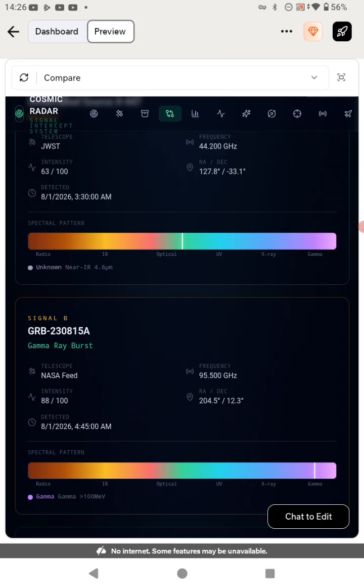So now the GRB 230815A gamma ray burst, NASA feed, 95.5 gigahertz, 88 over 100, which I believe is the location of this gamma ray burst.